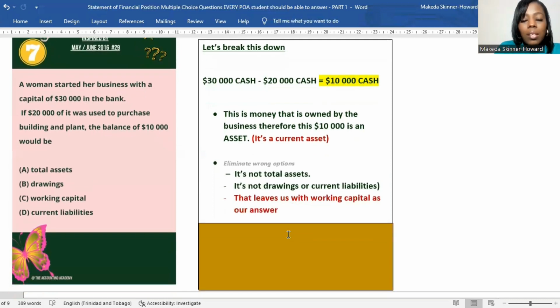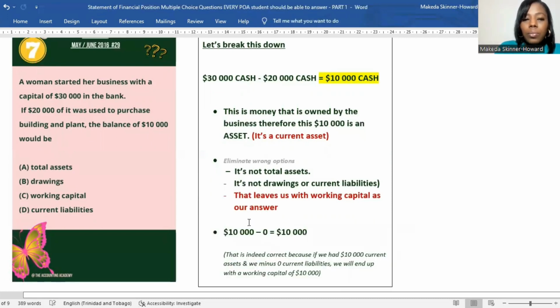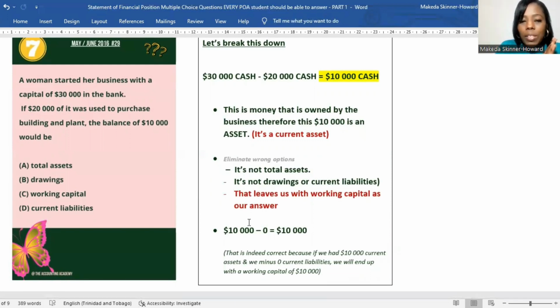I want to go a little bit deeper and show you why working capital is the correct answer. So if they remain with $10,000 cash, right? This is a current asset, and we know the working capital formula says current assets minus current liabilities is going to give you your working capital.